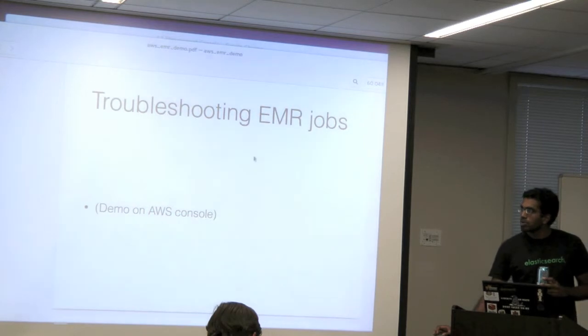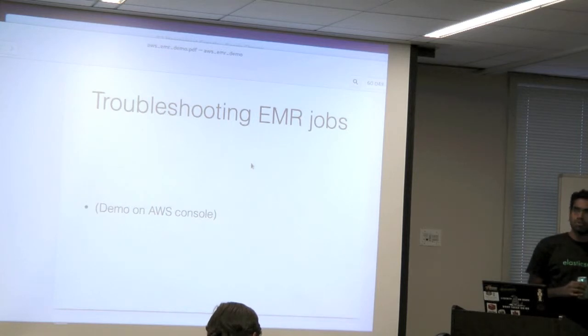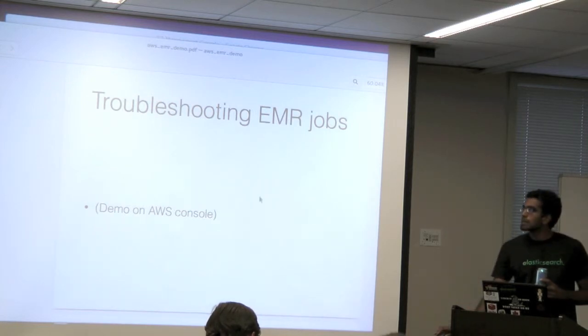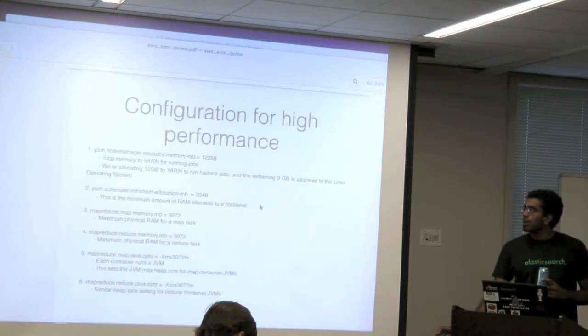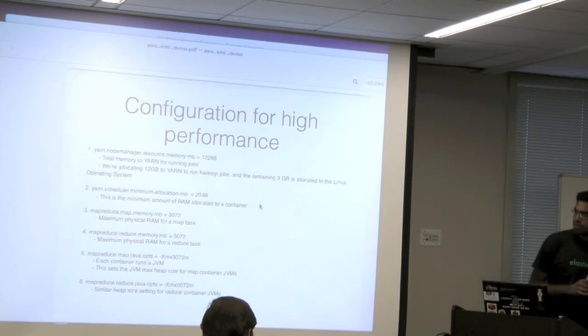Troubleshooting EMR jobs, I think I just walked you through that, where we went through the logs from each single job and each single attempt of each task inside each job. You can actually do that on the AWS console like I showed you a little while ago. Then we ran into some configuration parameters we had to tweak and tune for our M3 extra large instances.